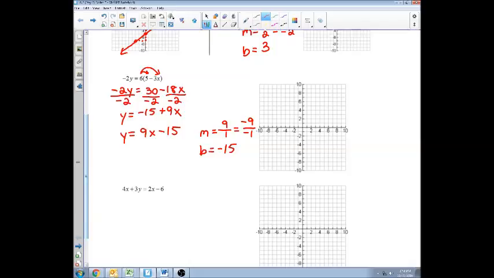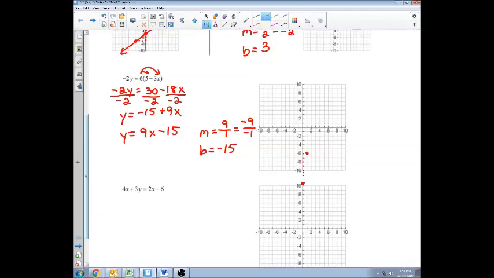In this case, it's going to be a little hard to get to our b value. It's -15, so it's going to be down here somewhere. Let's go ahead and get our point to the right of our y-intercept. So we go up 9, and go to the right 1.